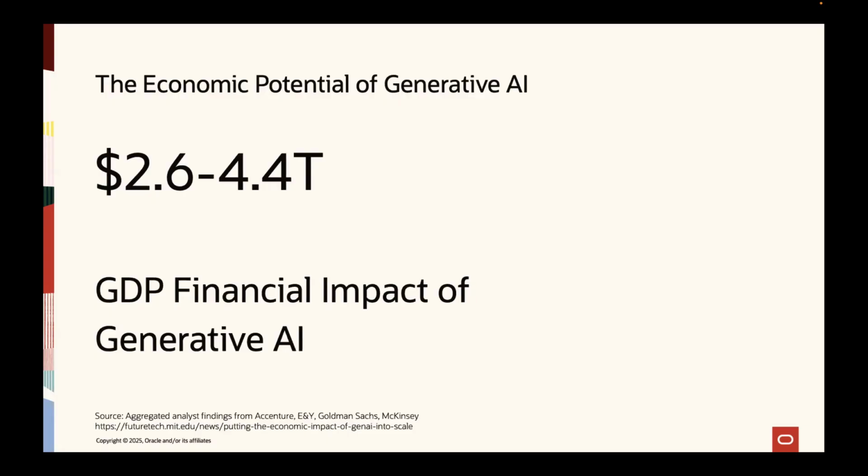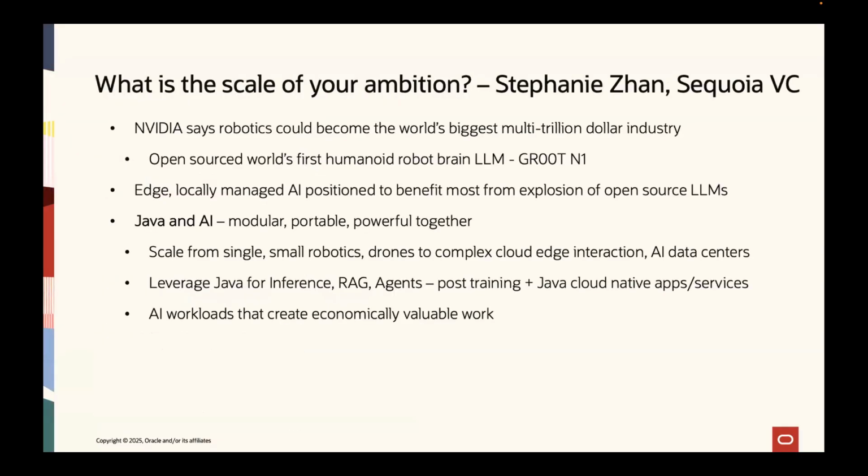Certainly, we can take a look at some of the more aggressive numbers actually from NVIDIA. And what I thought was interesting was that there was a quote from a Sequoia venture capitalist, Stephanie Zhang, on how she interviews some of the startups that she talks to, and one of the questions that she asks is, "What is the scale of your ambition?"